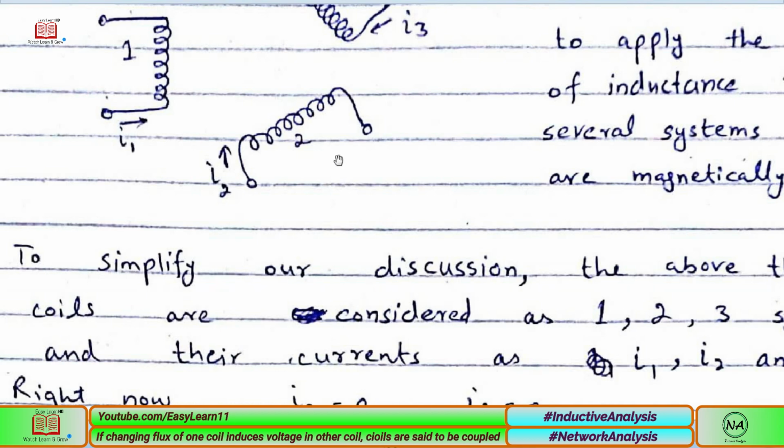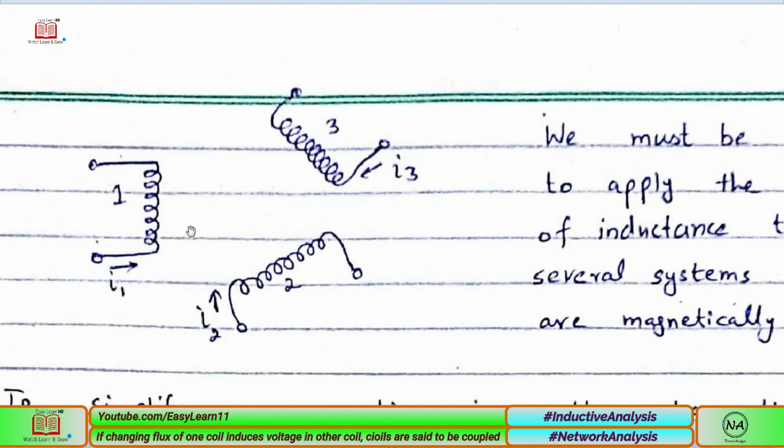To simplify it, for the first portion of this episode I'm going to suppose that the current I1 has a fixed value, and I2 and I3 are 0.